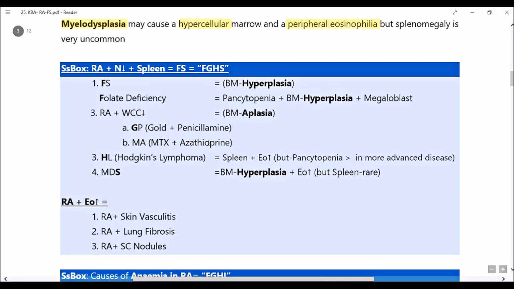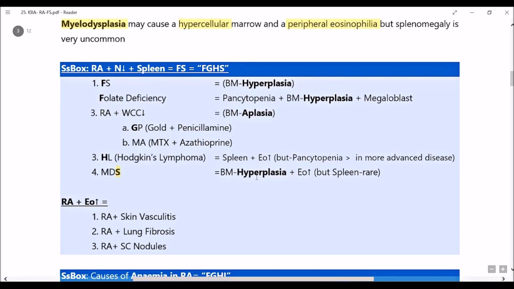So once again, G for GP: in that case, bone marrow hypoplasia is the finding. Hodgkin's lymphoma: the spleen and eosinophilia can be found, but pancytopenia only in more advanced disease. Myelodysplastic syndrome, S for syndrome.